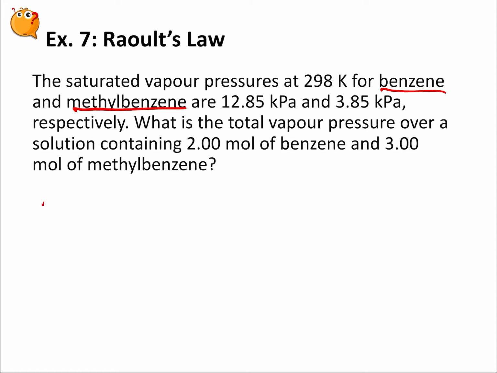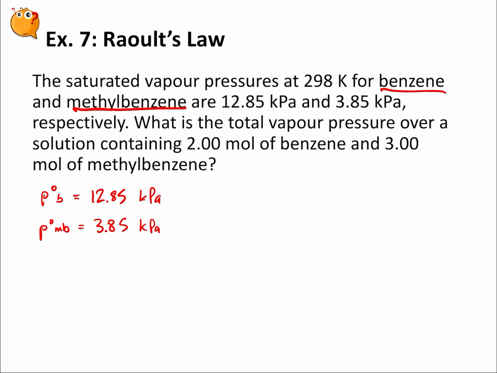So we could say that P0, let's just say B for benzene, is 12.85 kPa. The P0 for methylbenzene is 3.85 kilopascals. What is the total vapor pressure over a solution containing 2 moles of benzene and 3 moles of methylbenzene?